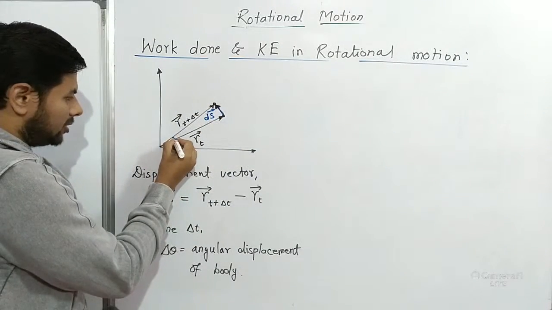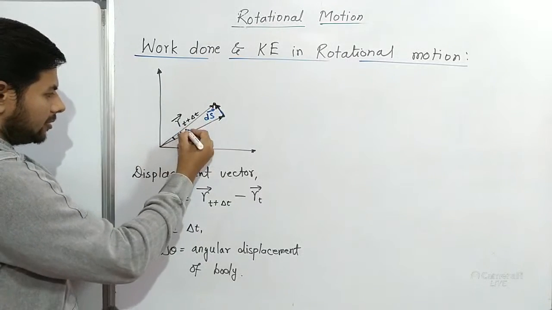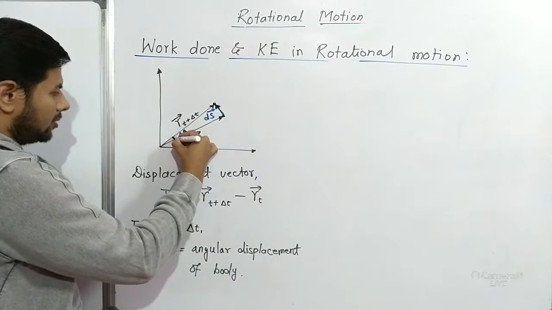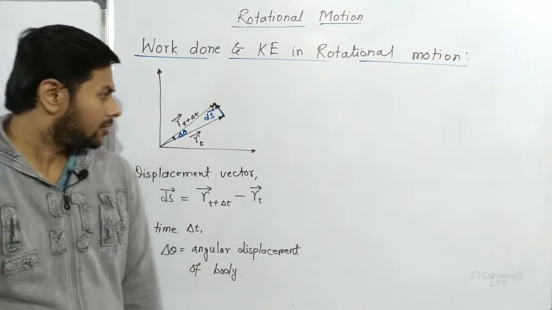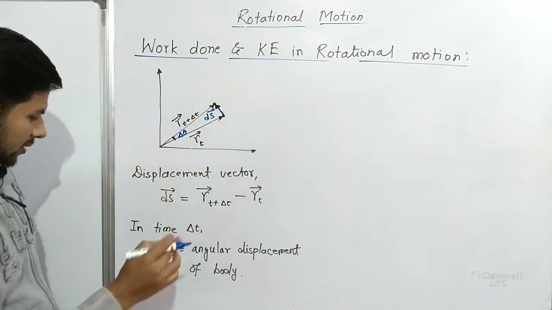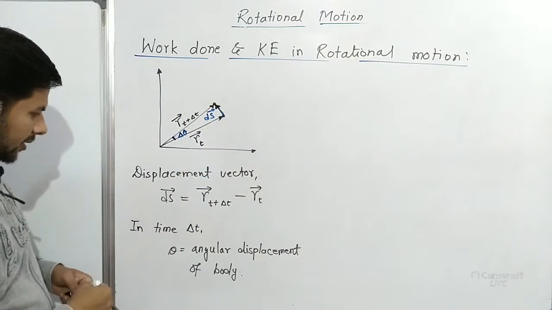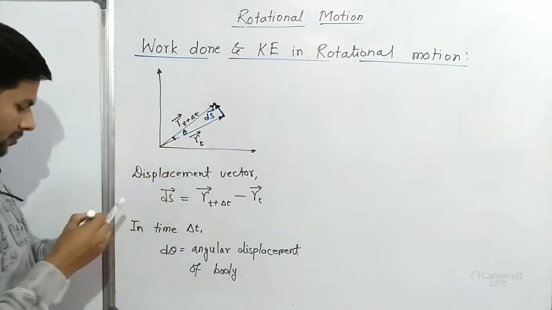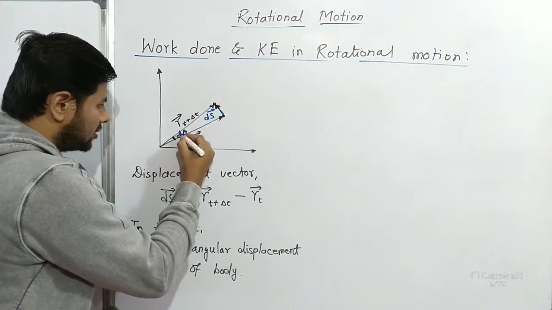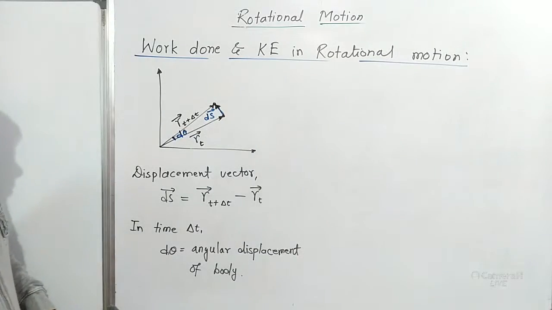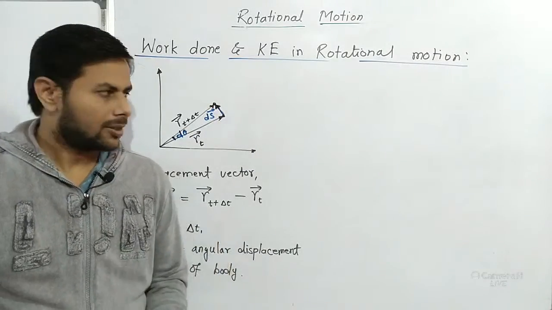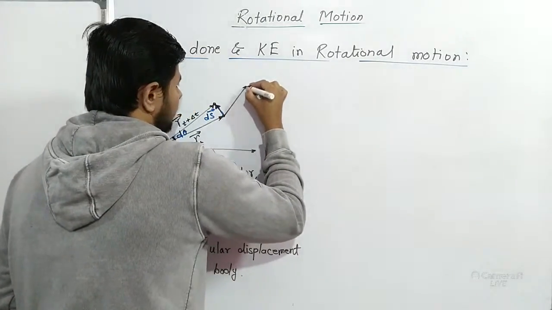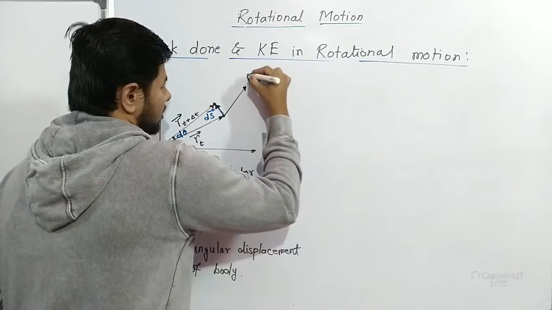It is this angle over here. If I am calling this ds, I will call this d theta, not delta theta. So this is d theta. All right. So now suppose there is some force acting on this particle. So the force is F bar.